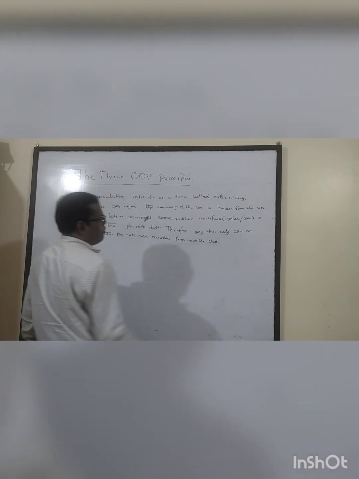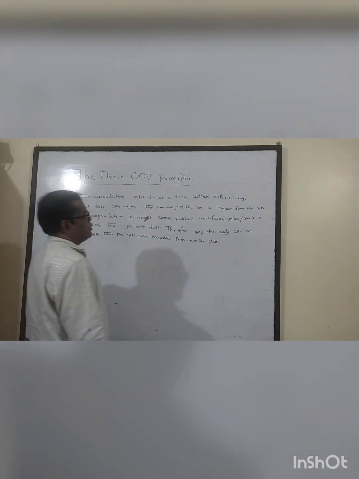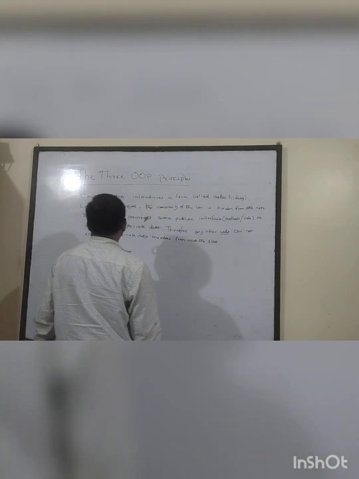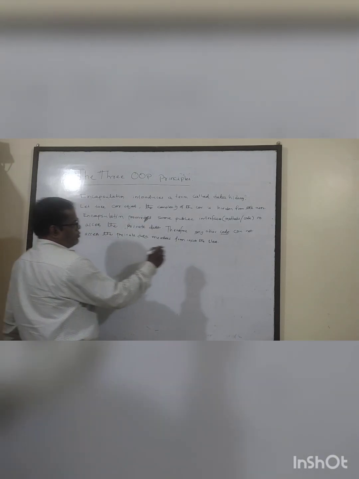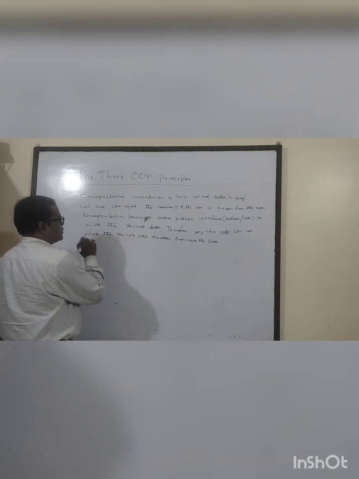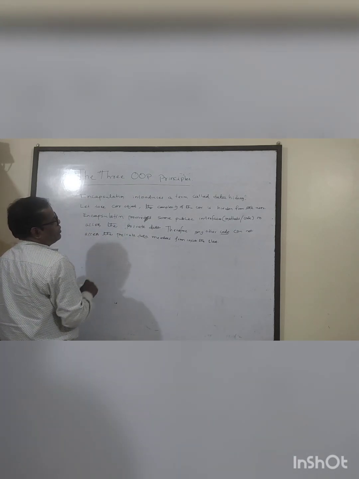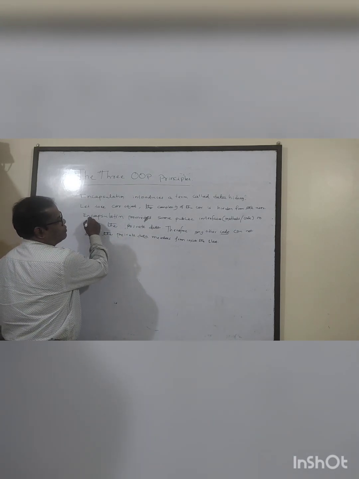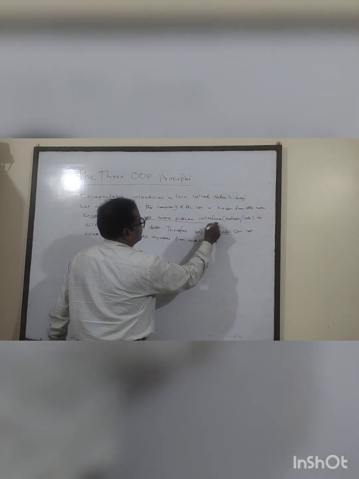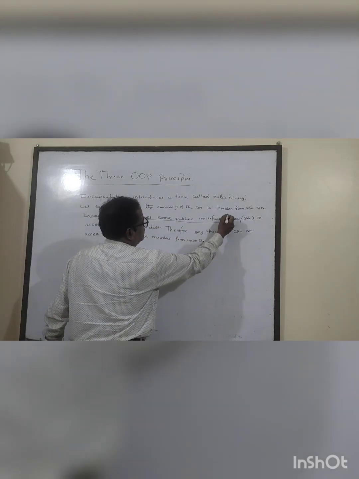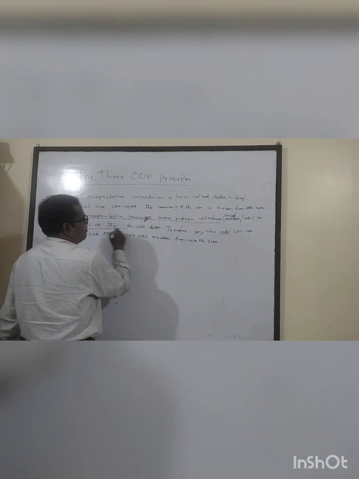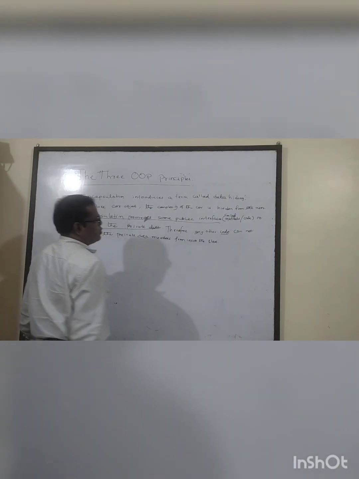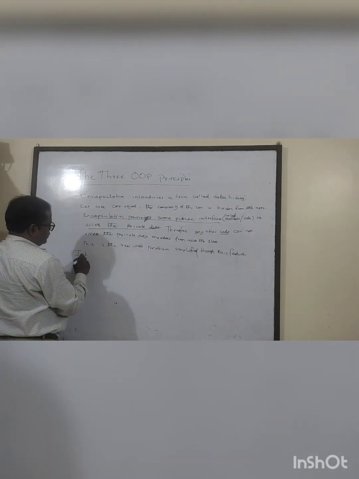Only methods defined in the class, called interfaces, can. So encapsulation provides some public interfaces called methods to access the private data. Therefore, any other code cannot access the private data.